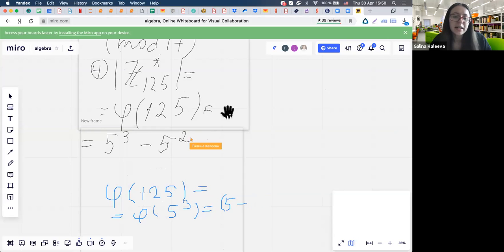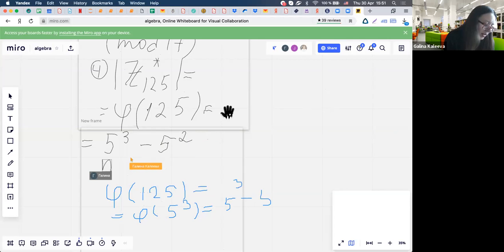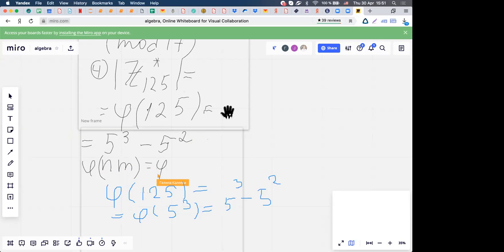5 cubed minus 5 squared. Yeah. And for coprime numbers, if n and m are coprime, phi of the product equals what? Tell me, please. Phi of their product, no?